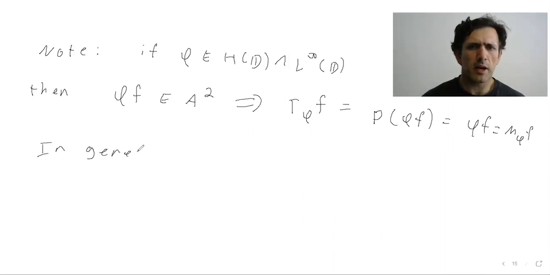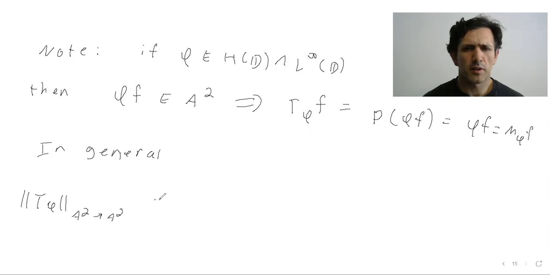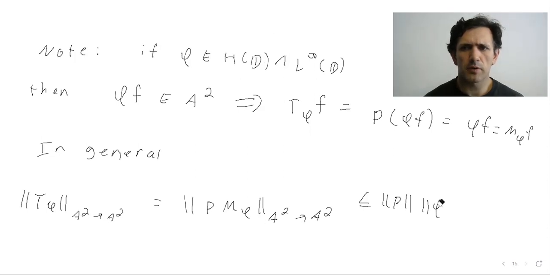In general, I want to look at the operator norm of my Toeplitz operator. And we're going to just get an estimate for this, a very trivial estimate, just from the little proposition we had before. So this is less than or equal to the operator norm of this orthogonal projection times the operator norm of this multiplication.